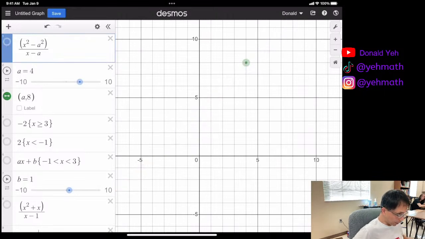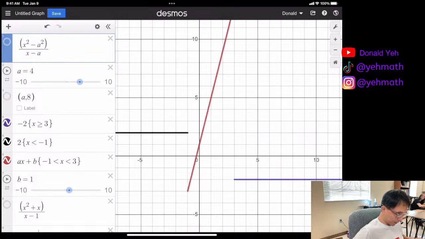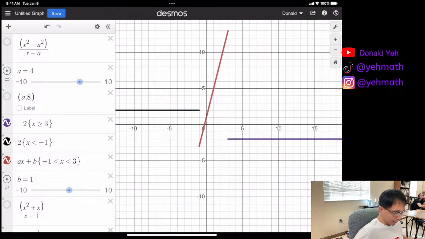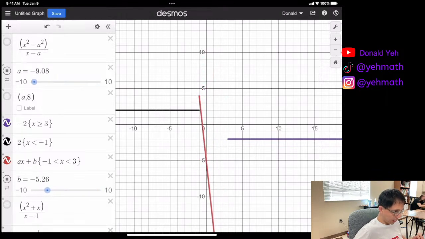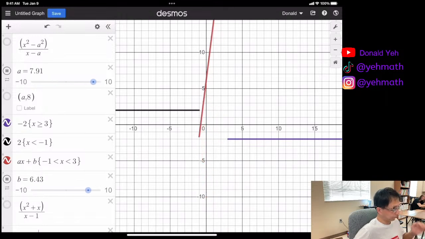Now let's go to the other question. 67 is also another one. There is an equation like this. So this is 67. Now I play A and B here. There is only one chance that these three lines are connected. There are an infinite amount of possibilities between negative 10 and 10, and more likely, you look at this, they're probably not going to connect.